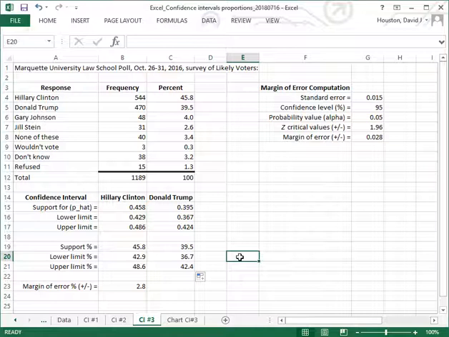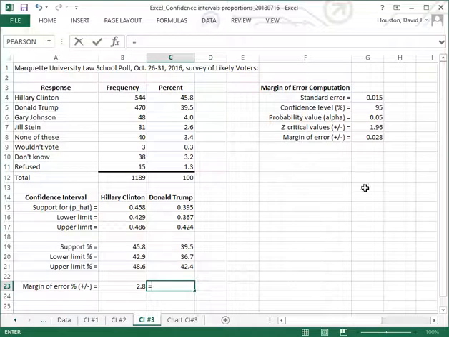Based upon that observed sample proportion and the 95% confidence level, we would indicate that that sample probably came from a population that ranges anywhere from 36.7% support for Trump up to 42.4% for Trump. Now I'm also going to take the margin of error and convert that to percents by multiplying it by 100. So we see the margin of error reported twice.